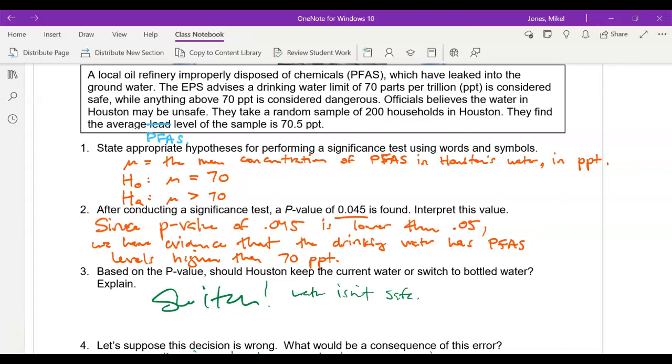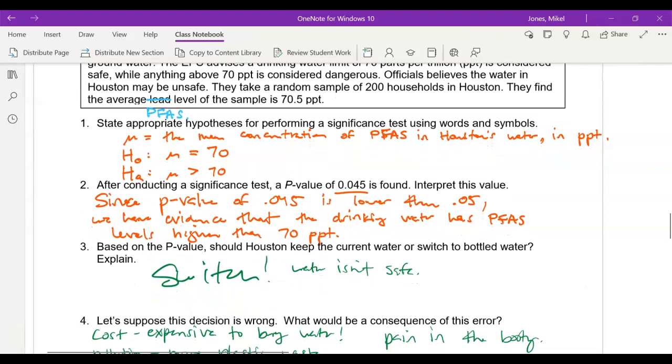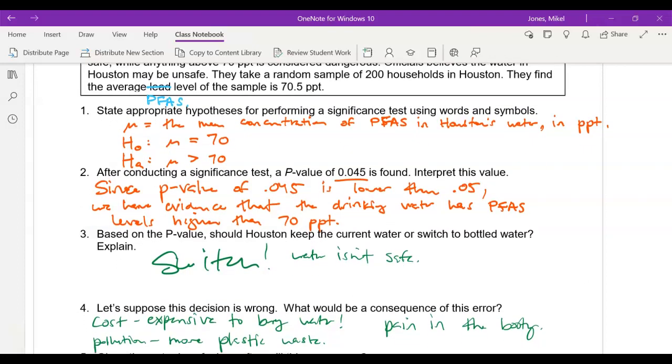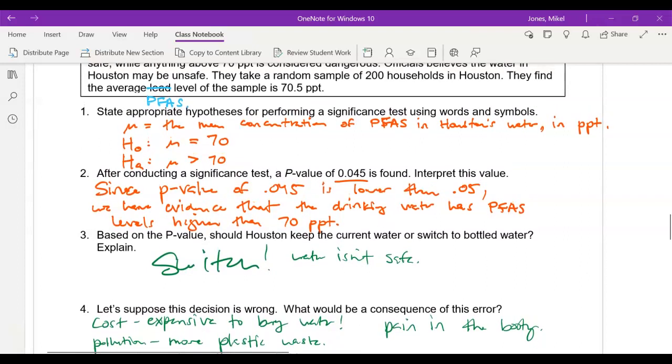You probably said something like, it's really expensive. It's really expensive to buy bottled water. To make everybody in the city switch to bottled water, there would be a water supply shortage. We can remember what that was like at the very beginning of the pandemic.